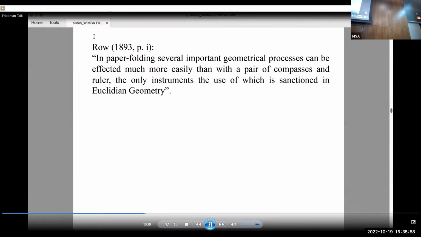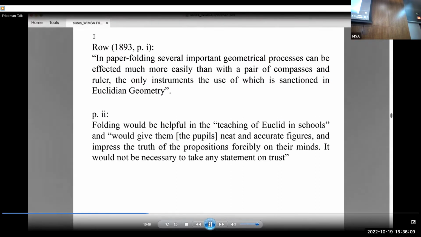In addition, referring explicitly to how pupils can use paper folding to learn geometry, Rao notes that folding would be helpful in the teaching of Euclid in schools and would give the pupils neat and accurate figures and impress the truth of the propositions forcibly on their minds.